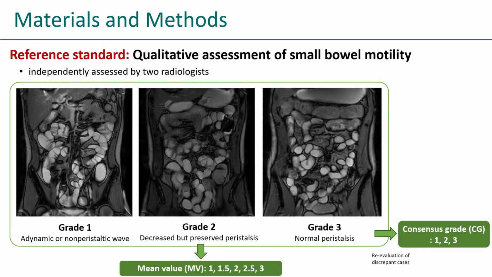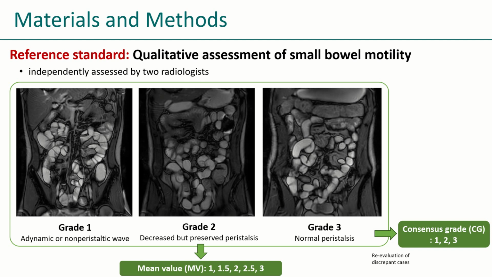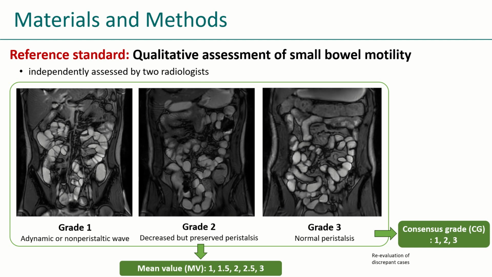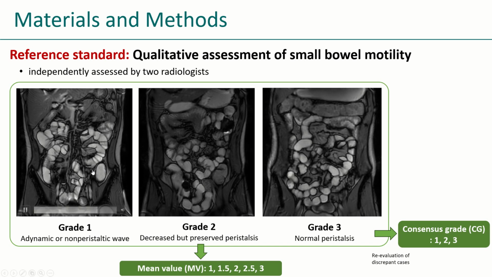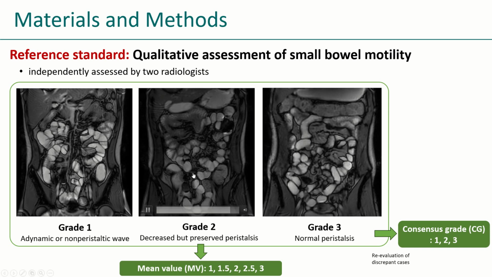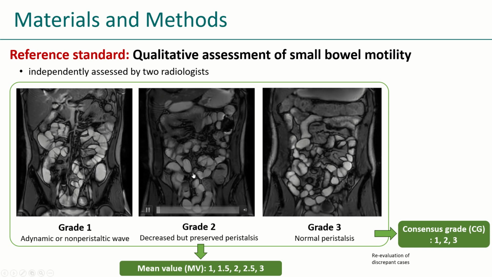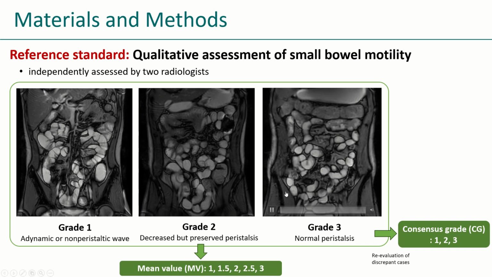Given the absence of a definite gold standard for measuring bowel motility in Cine MRI, in our study, two radiologists independently evaluated bowel motility using a three-grade system. Grade 1 indicated an adynamic or non-peristaltic wave. Grade 2 represented decreased but preserved peristalsis, and Grade 3 signified normal peristalsis.